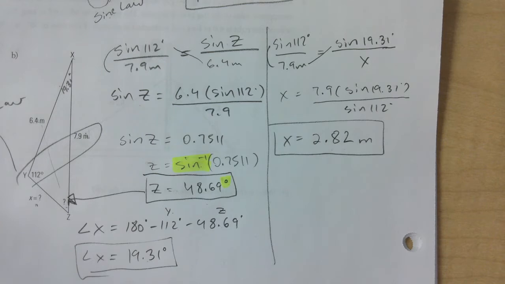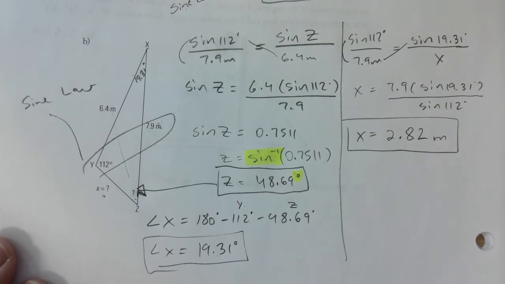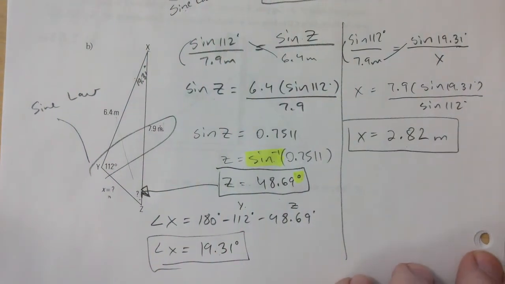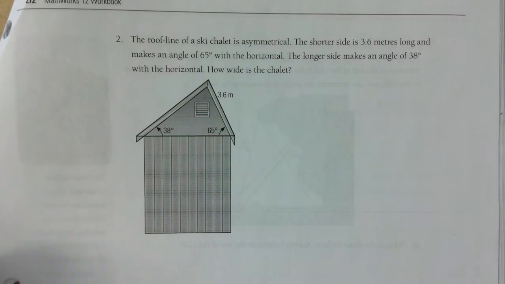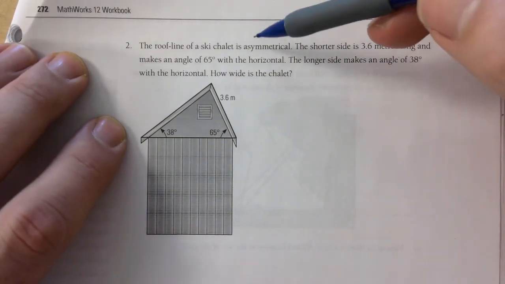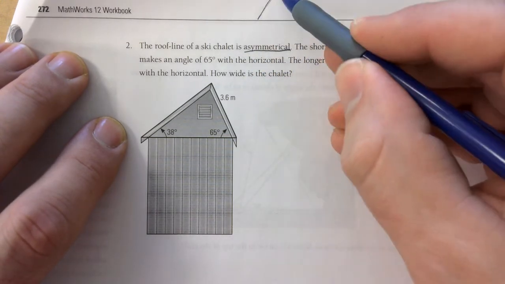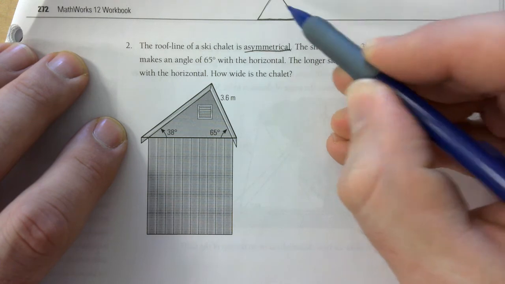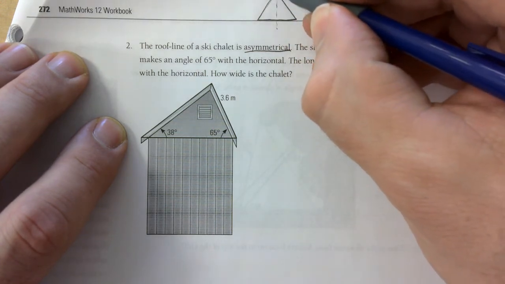All right, number 2 on the back side here. So the roof line of a ski chalet is asymmetrical. Right? It's symmetrical if you have something like this. If you were to cut this in half, this is symmetrical.